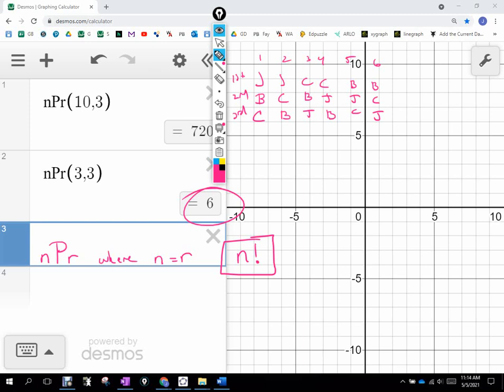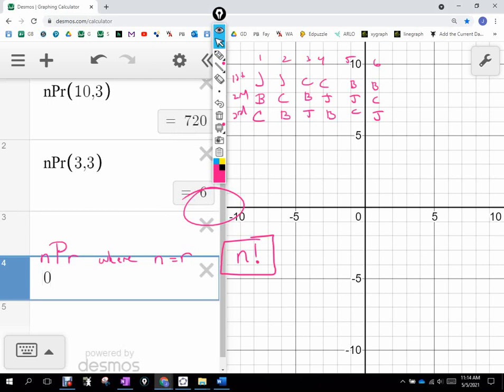Now, let's think about this. One thing we've got to pay attention to, and I don't want to prove this right now, is that if I type in 0 factorial, by definition, 0 factorial is 1.